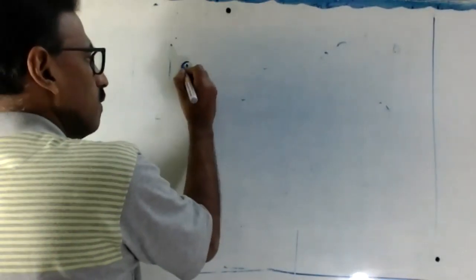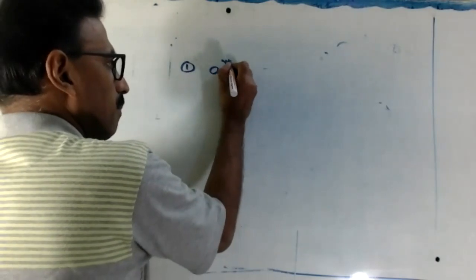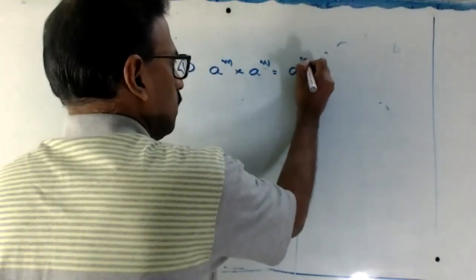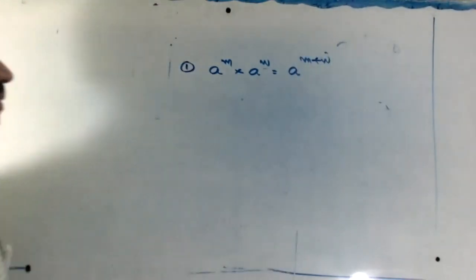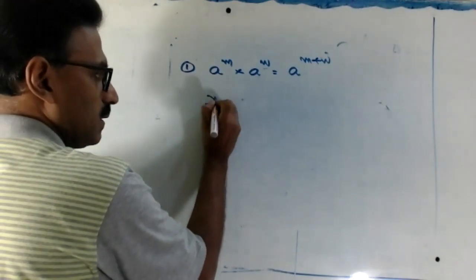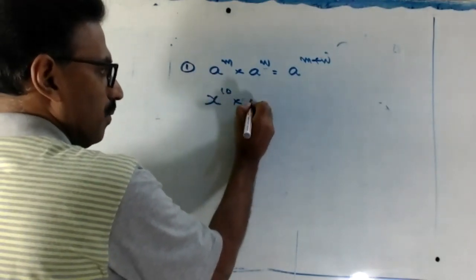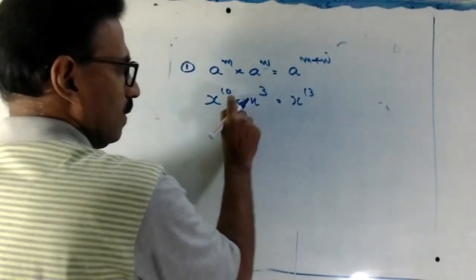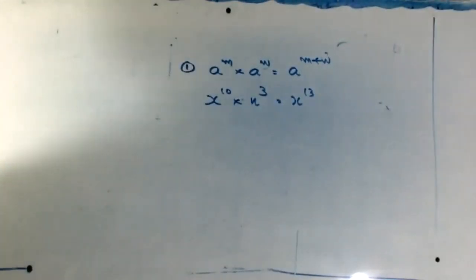Number 1, a raised to m into a raised to n equal to a raised to m plus n. Suppose, example, x raised to 10 into x raised to 3. We can write what? x raised to 13. 10 plus 3, 13.